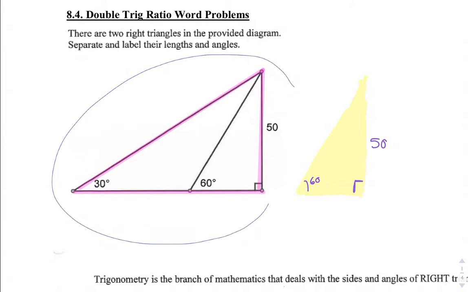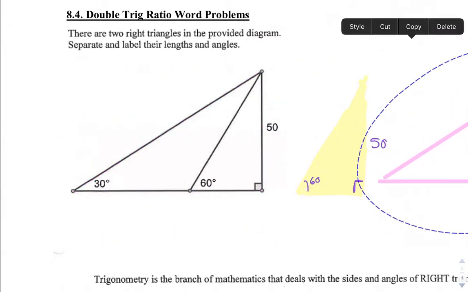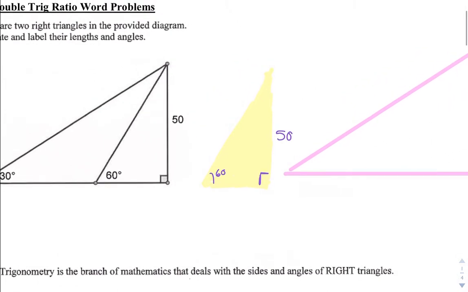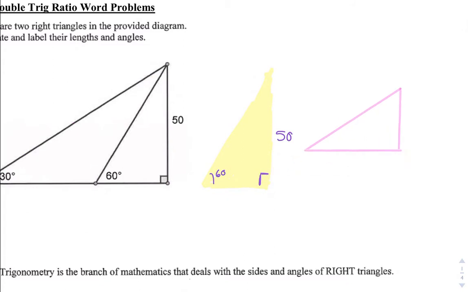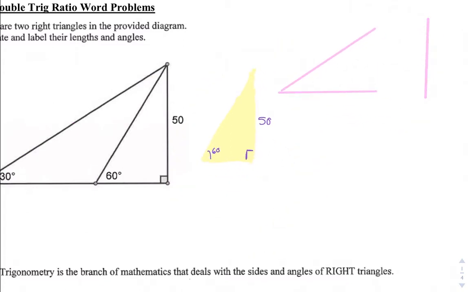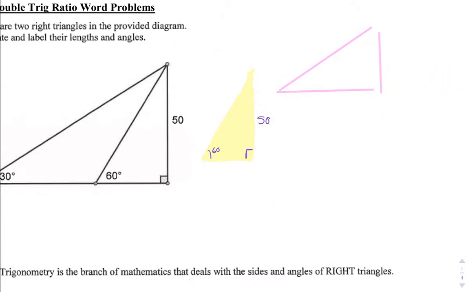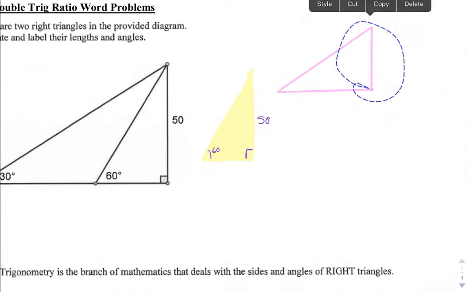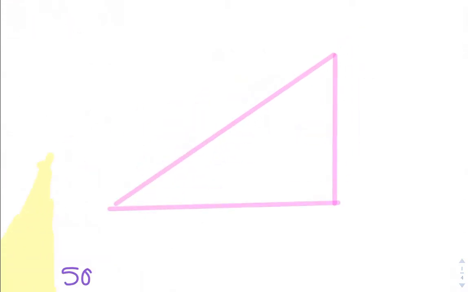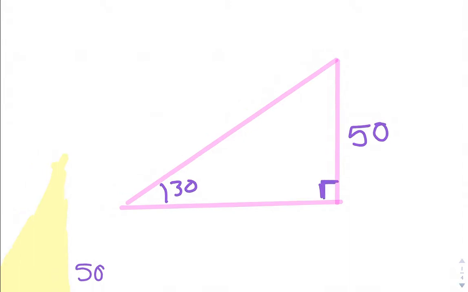So that 60 degrees that's in my yellow triangle isn't really in this triangle. I'm going to just shrink it down a little bit. So this one is 50, and this bottom one is 30, and this is 90 degrees, okay?